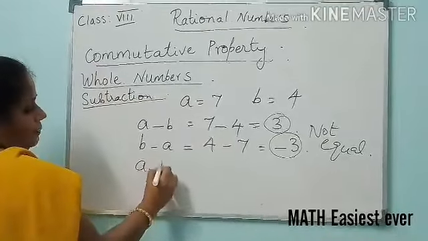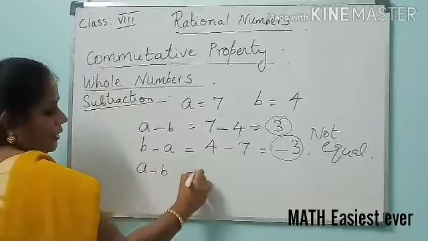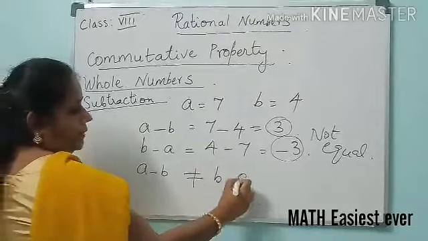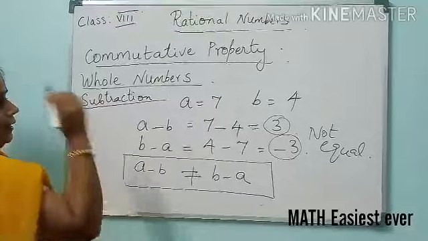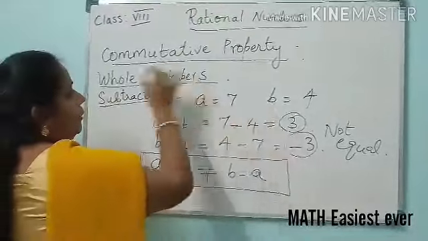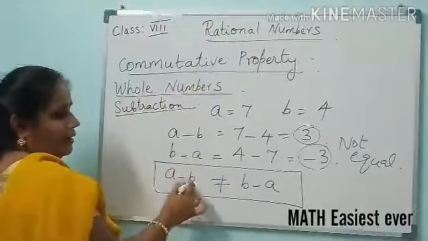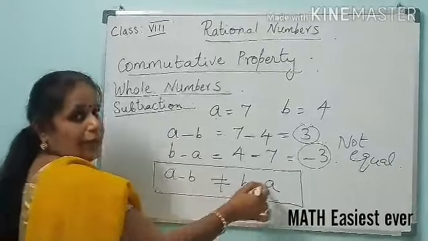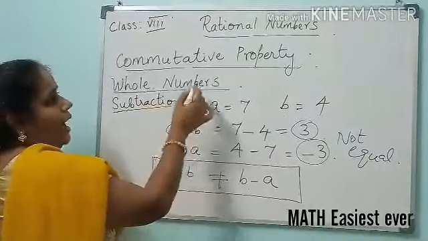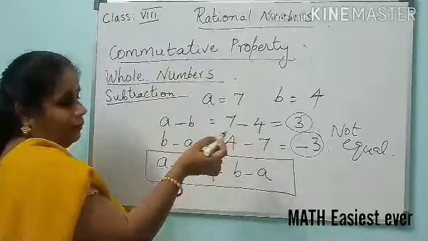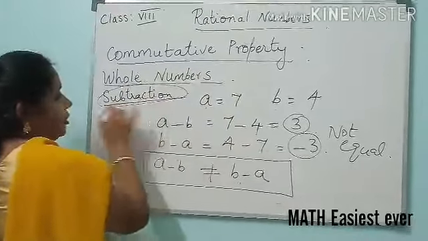A minus b is not equal to b minus a. So, it's clear that if a and b are two whole numbers, a minus b is not equal to b minus a, which shows that whole numbers are not commutative under subtraction.